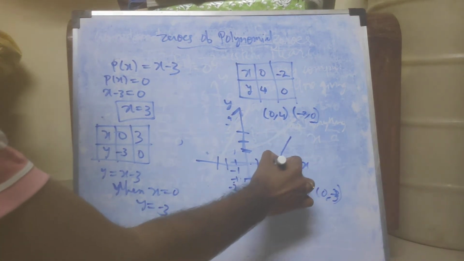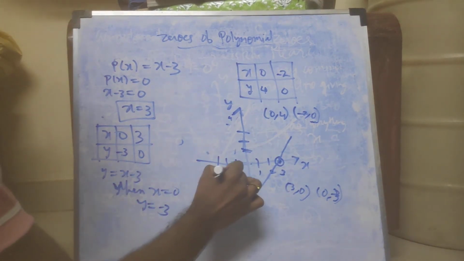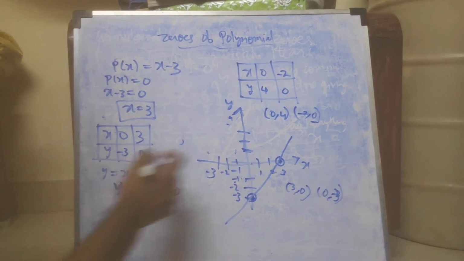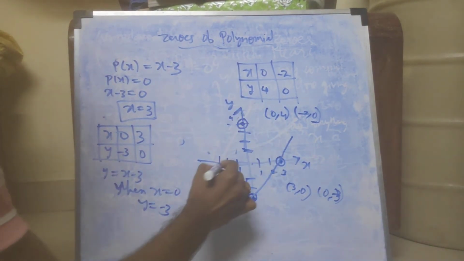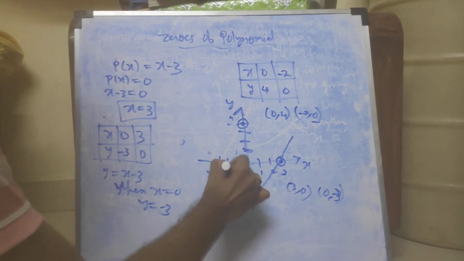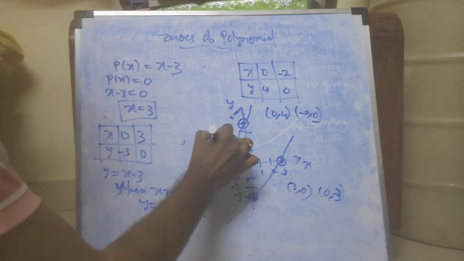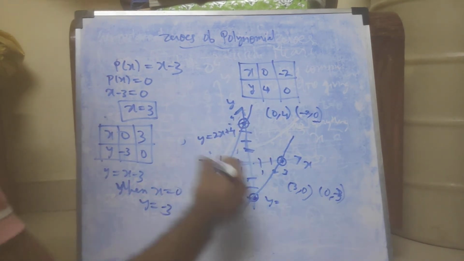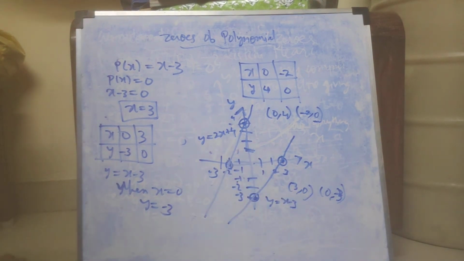If I join them with a line, this is the plot. To make it clear, let me also show the previous graph, which had the points 0 comma 4 and minus 2 comma 0. This is y equal to 2x plus 4, and this is y equal to x minus 3. So these are two linear graphs.